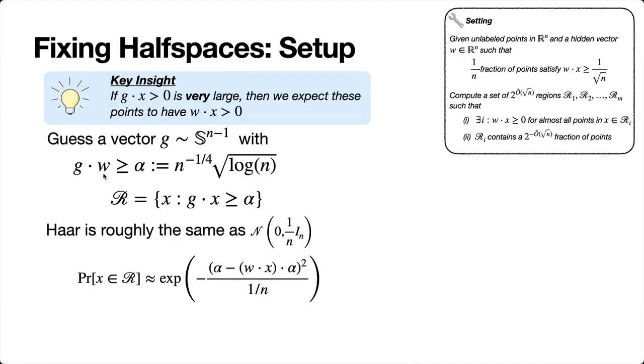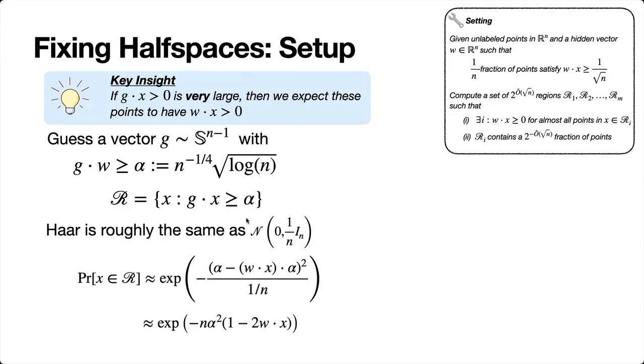This is the component where g is not actually distributed according to a Gaussian, because we're conditioning on this event here. So what's the component of the inner product between g and x that comes from w? Well, it's just going to be w dot x times g dot w, which by tail bounds I expect to be roughly equal to alpha, just by concentration.